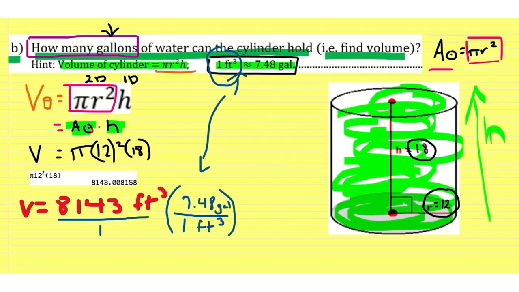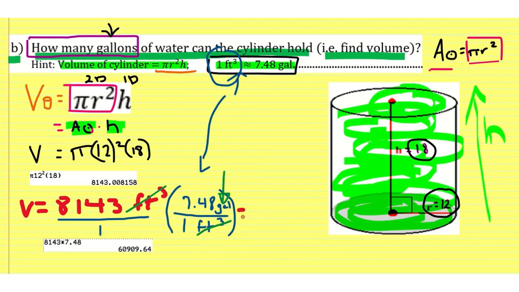But this allows me to cancel out the cubic feet in the numerator and the cubic feet in the denominator, and that leaves me with the gallons that I actually want. So when I multiply 8,143 times 7.48, that is going to leave me with the number of gallons that is contained in my cylinder.